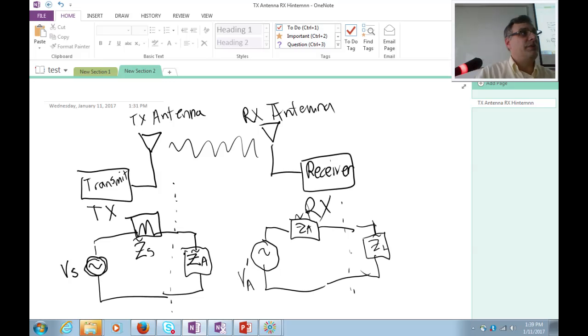So that means two things. If a transmitter antenna focuses power in this direction twice as well as it focuses in this direction, then when you turn around and use that same antenna in the exact same orientation and location as a receiver, it will receive in this direction twice as efficiently, with twice as much gain, as it does in this direction. That's one of the consequences of the reciprocity theorem.